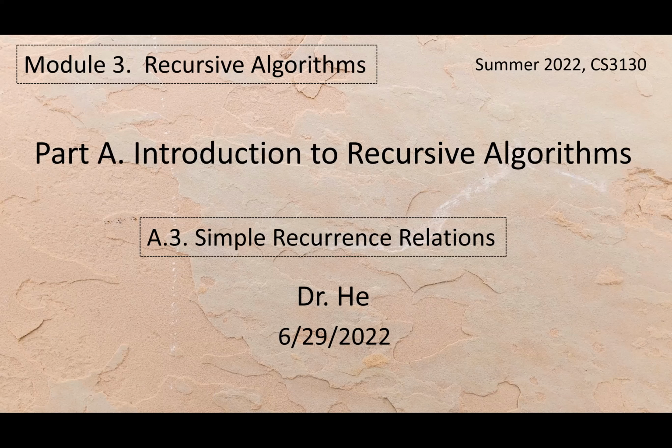8.3. Simple recurrence relation. In this one, we need to calculate the disk moves. How many disk moves for an n-disk puzzle problem? Tower of Hanoi efficiency analysis.